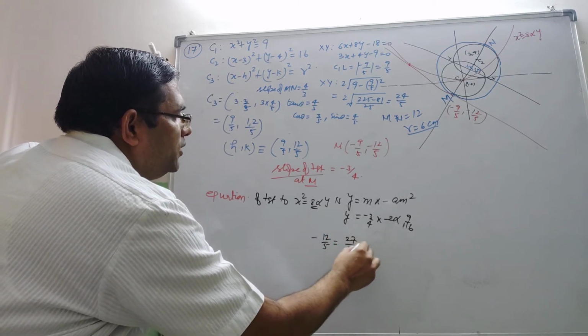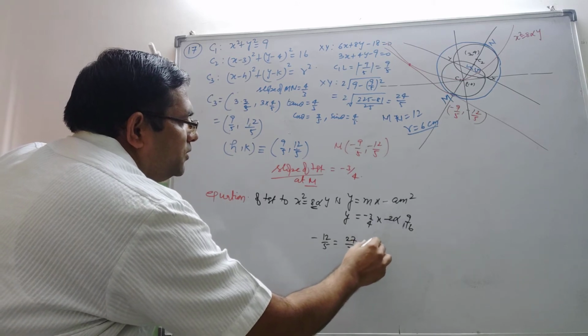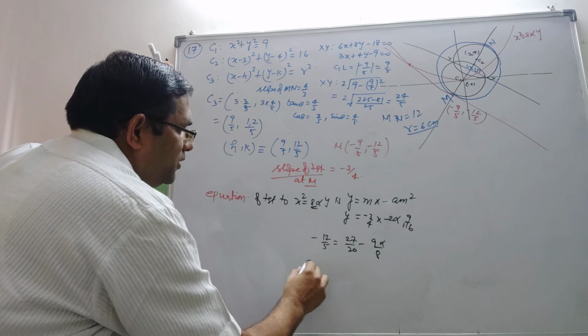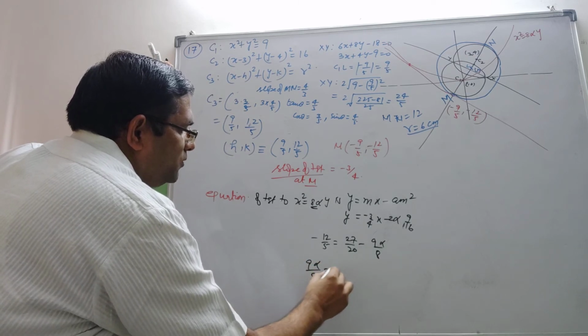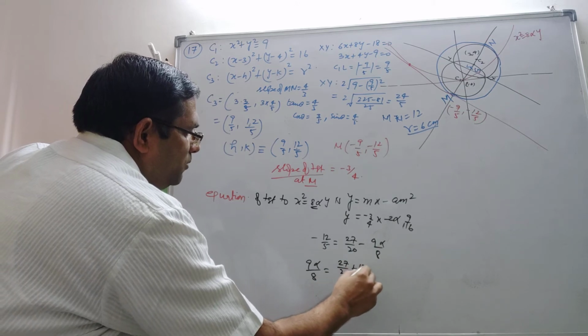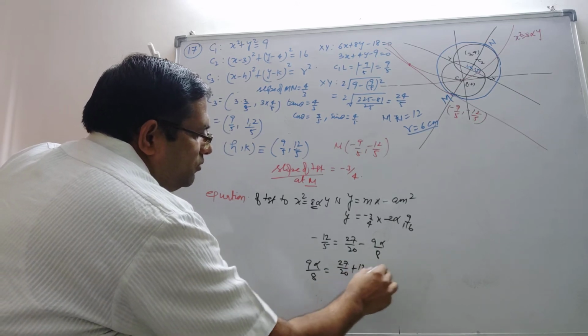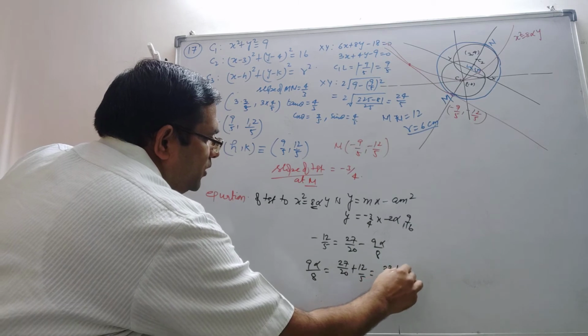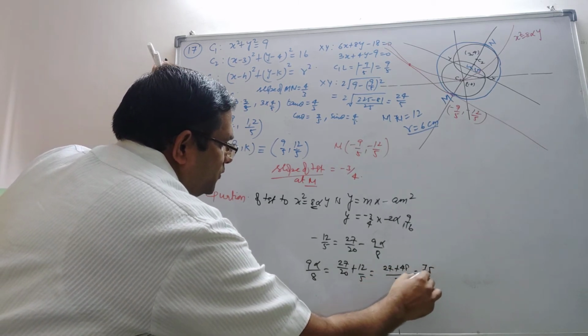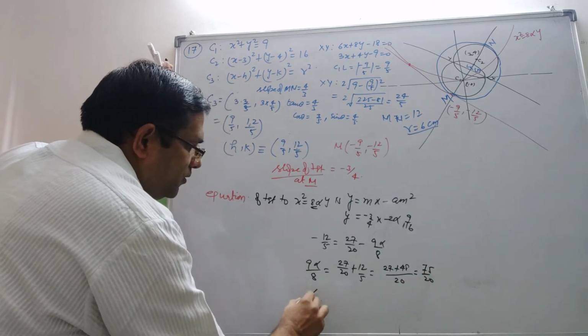So 27 by 20 minus 9 alpha by 8, that is 9 alpha by 8 is equal to 27 by 20 plus 12 by 5. It will be 27 plus 48 divided by 20, 75 by 20.